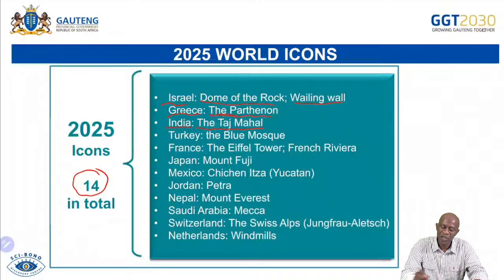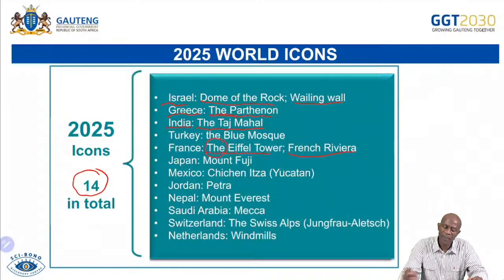In Turkey, you have the Blue Mosque, not Blue Mosque alone. In France, you have the Eiffel Tower, as well as French Riviera. So you don't have the article on French Riviera, but the Eiffel Tower, you have the article there. Please don't forget to include the article there.